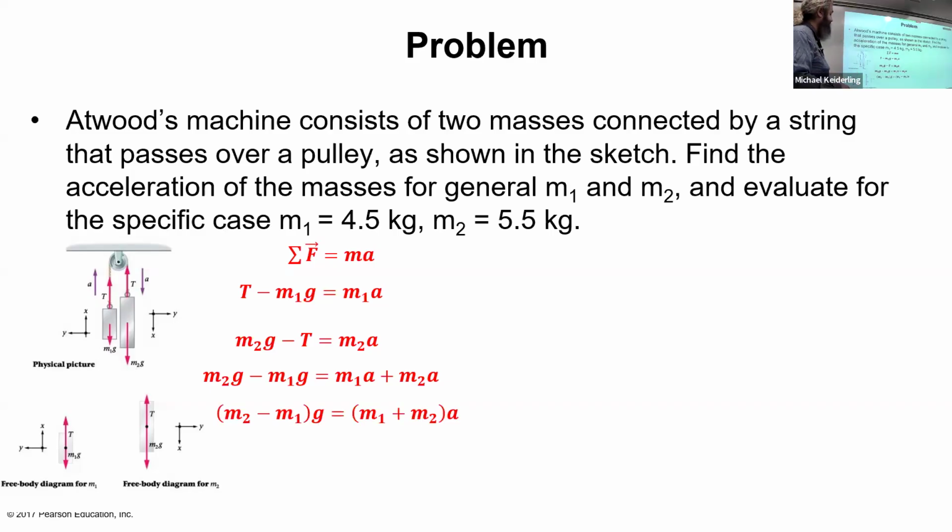And mass 2 minus mass 1 times G equals mass 1 plus mass 2 times acceleration. So acceleration ends up equaling mass 2 minus mass 1 over mass 1 plus mass 2 times G. And that is with mass 1 up being positive and mass 2 down being positive.